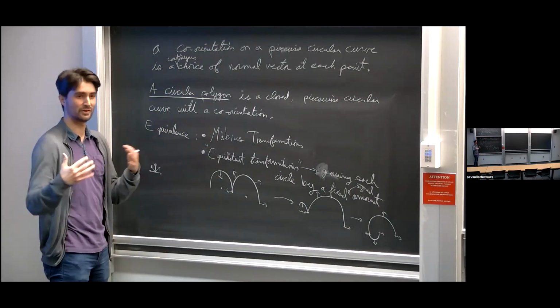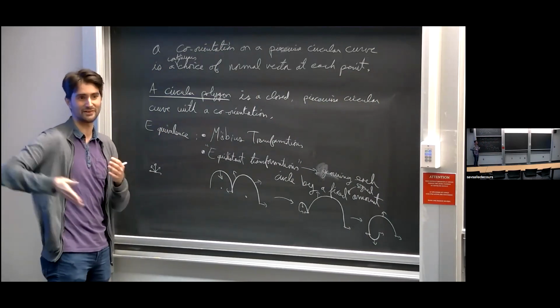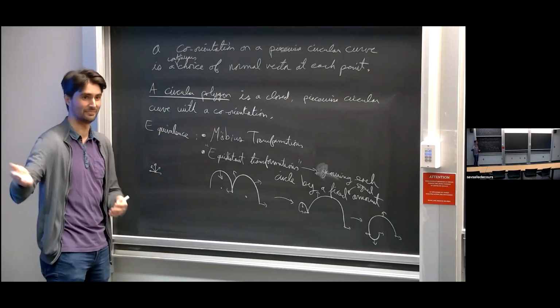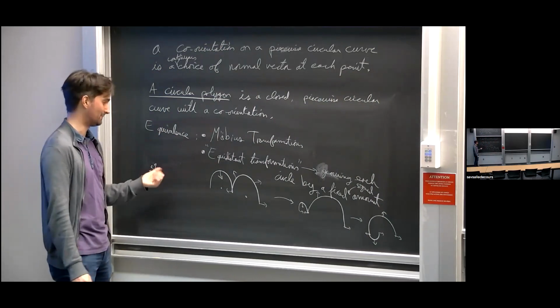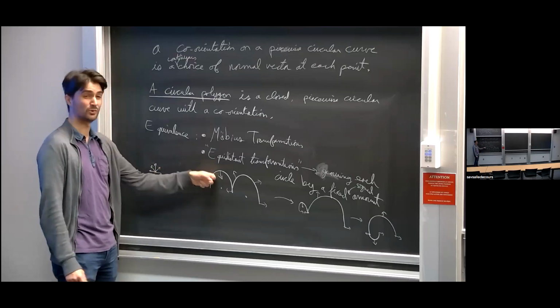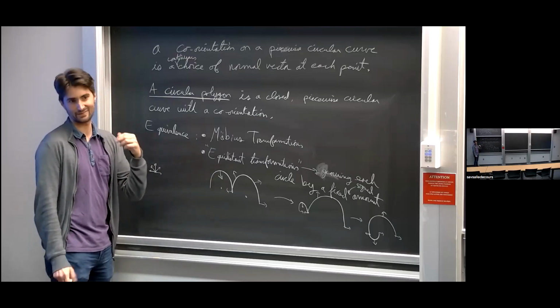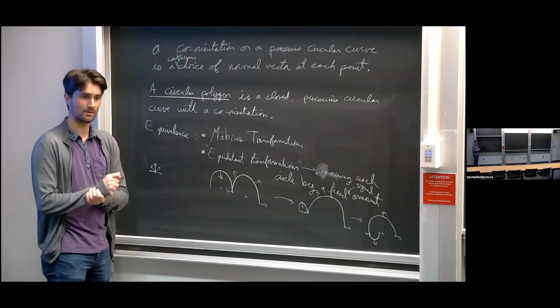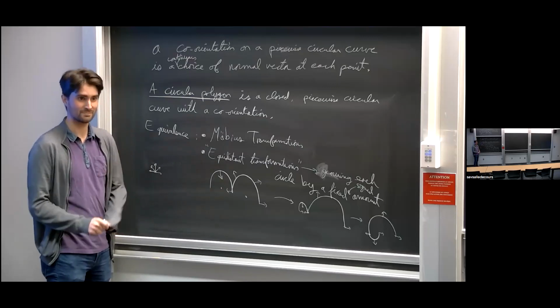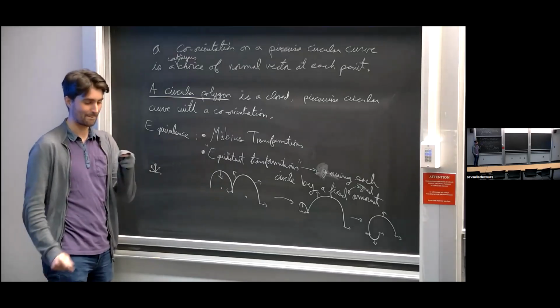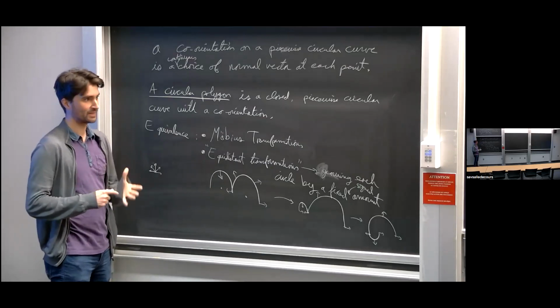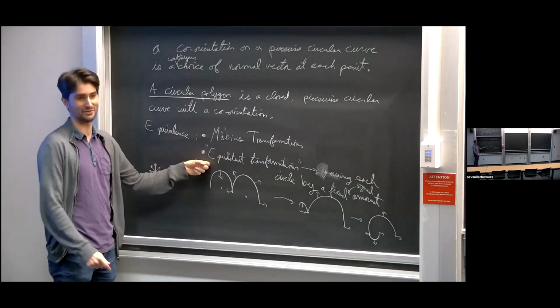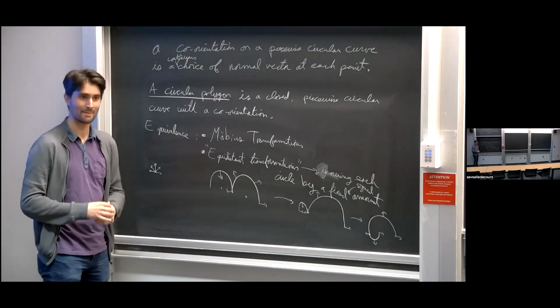Or you can projectivize, like mod out the tangent bundle by positive multiplication. You mean to say that it's normal to the circle? Right. Well, that's fine because they're all conformal. But for the length, to define this transformation, you need to choose a length, yes.